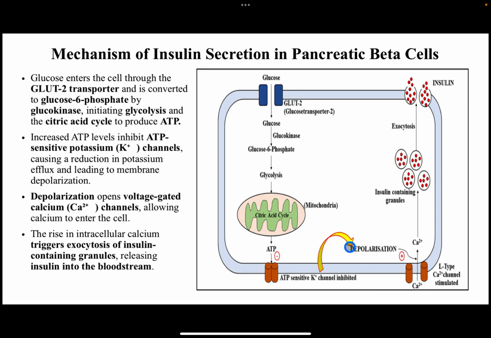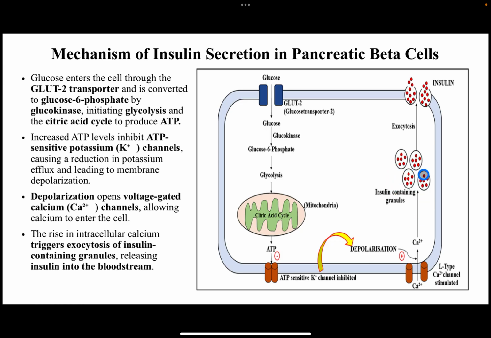And the moment the cell depolarizes, another channel will open. We call it the calcium channel. It's a voltage-gated calcium channel, or you can call it the L-type calcium channel. It will open, so you see it's plus. Once this channel opens, calcium from the outside will enter the cell.